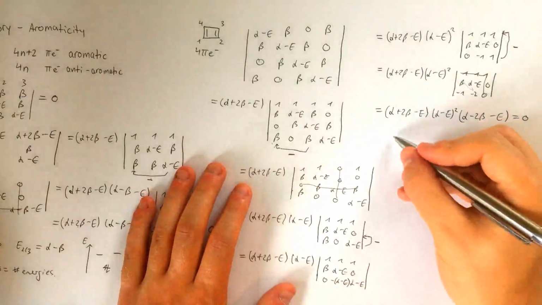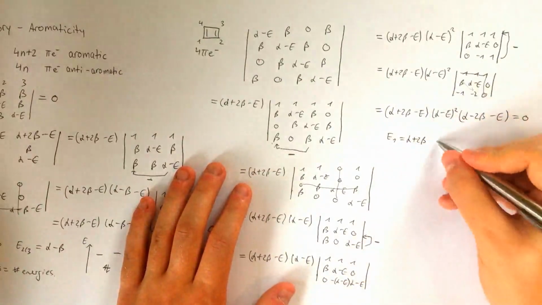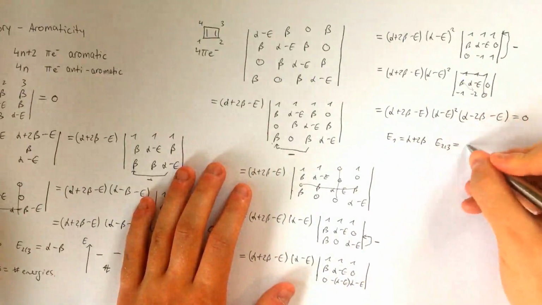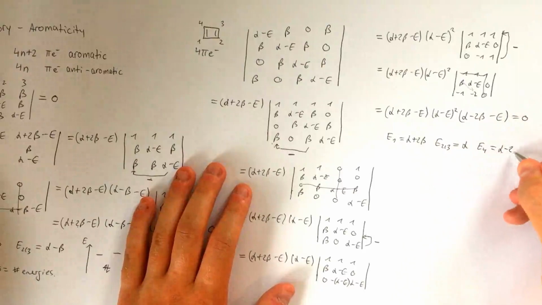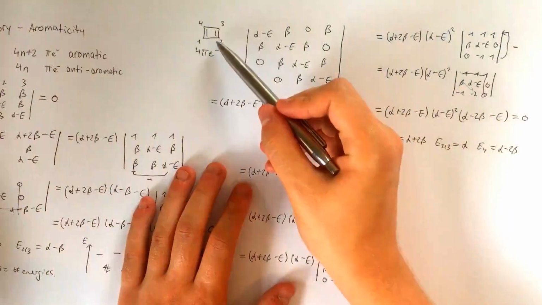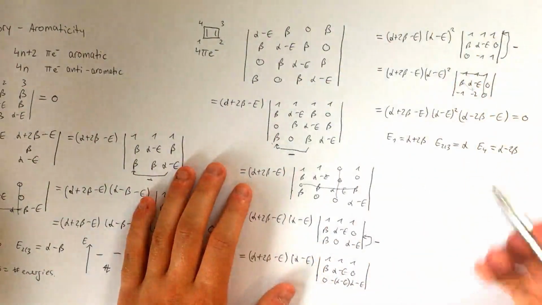So again, we can just read off the solutions. E1 is alpha plus 2 beta, E2 and 3 is just alpha, and E4 is alpha minus 2 beta. And we also see that now we used 4 orbitals, so we also get 4 solutions.